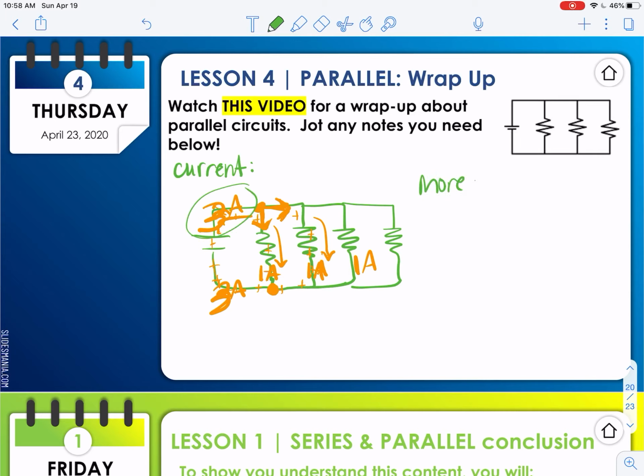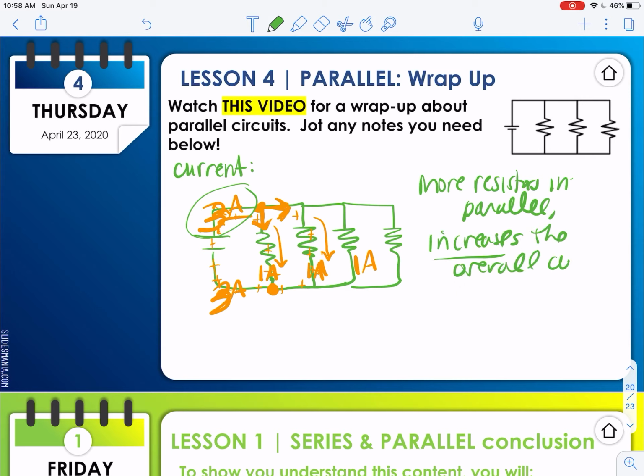So more resistors in parallel actually increases the overall current. We know when there's an increase in current, that means there's a decrease in resistance. So even though I'm adding these little roadblocks in, it's actually making it easier to get around the circuit.